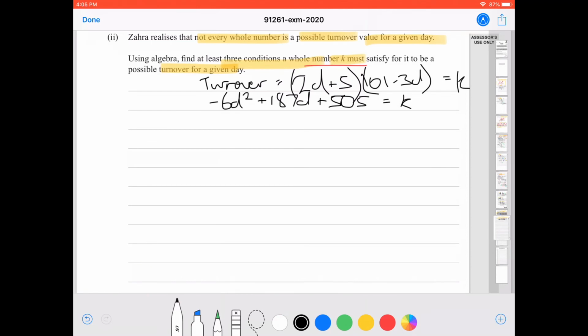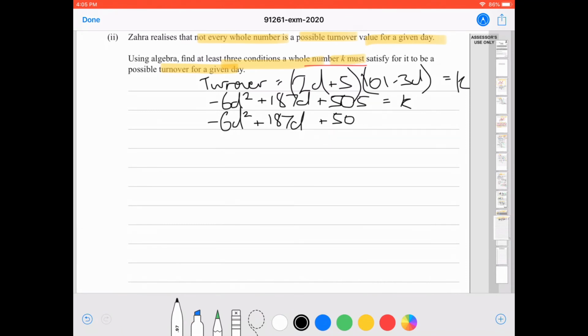And so what are we going to do here? We could factorize, but we'd still have this k. It's basically a constant in our equation. So let's take everything to one side again. So basically, let's take the k to the left-hand side. Minus 6d squared plus 187d plus 505.